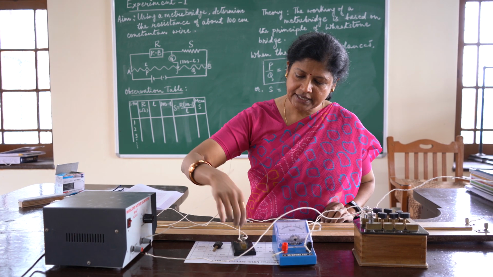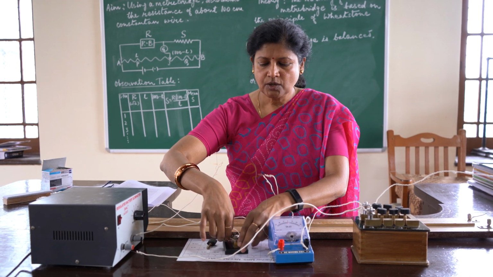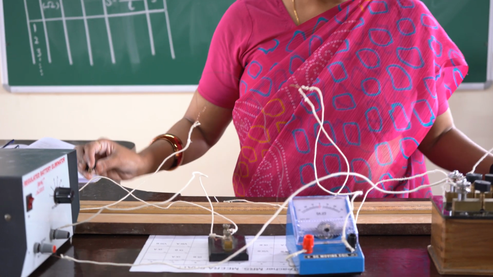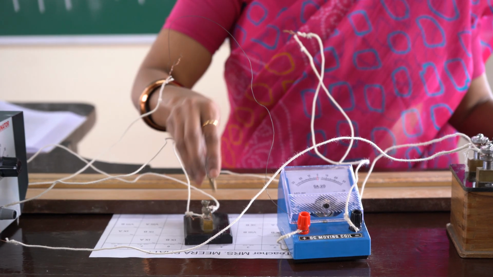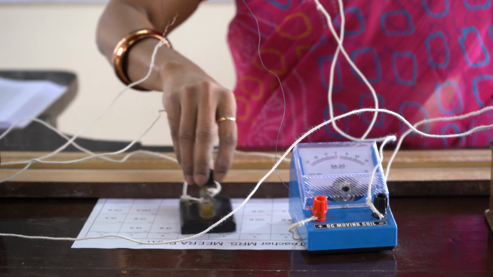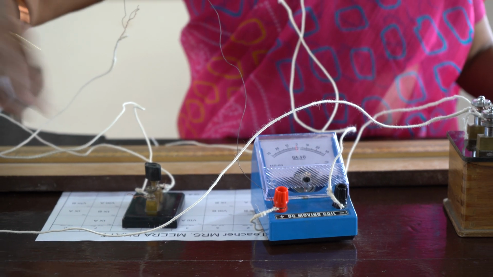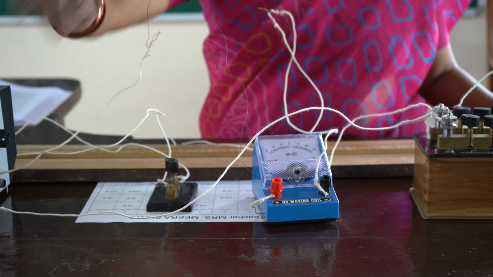Now power supply is connected with one-way key. Now after joining this circuit we put our key and switch on that.